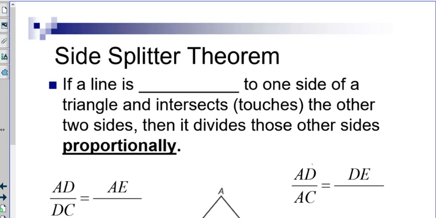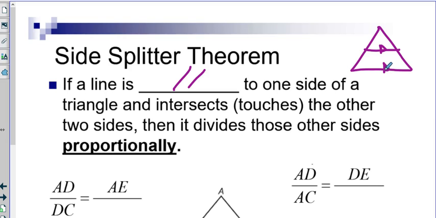Okay, this is called the side splitter theorem. If a line is parallel to one side of a triangle, so, we have a triangle here, and then you have a line that splits it from side to side and is parallel to one side, then it divides the other sides proportionally.